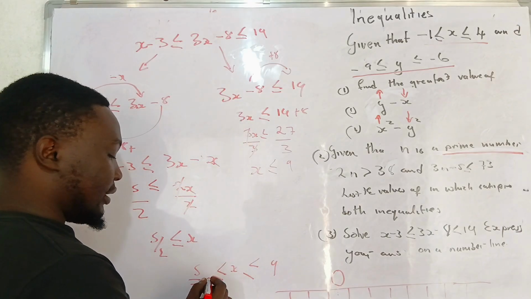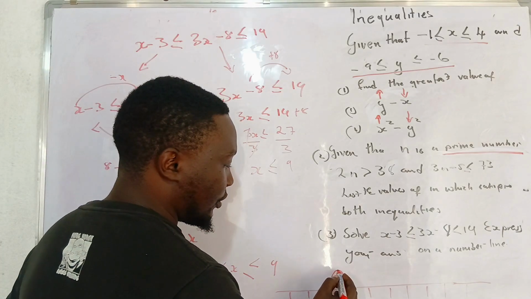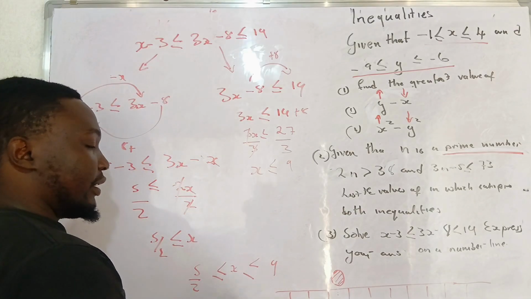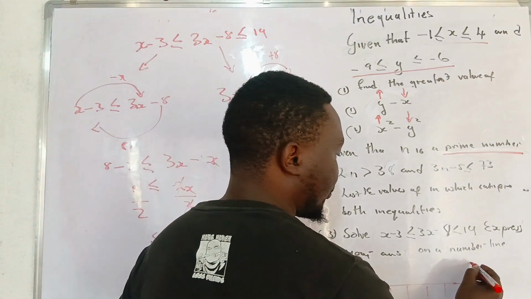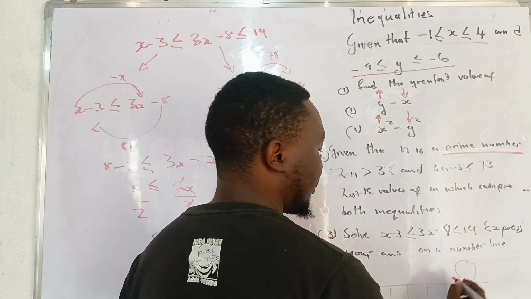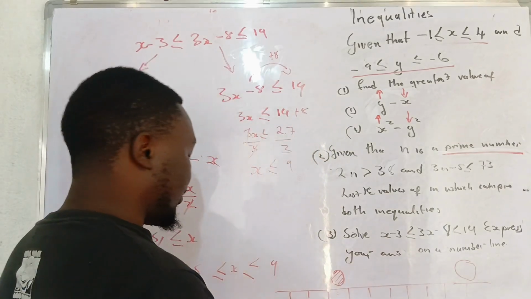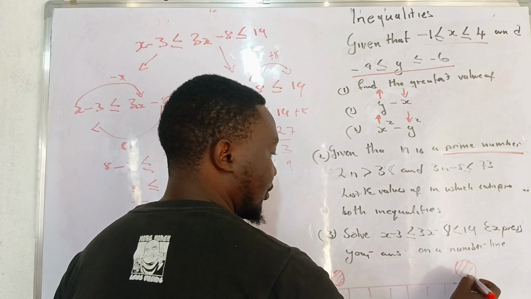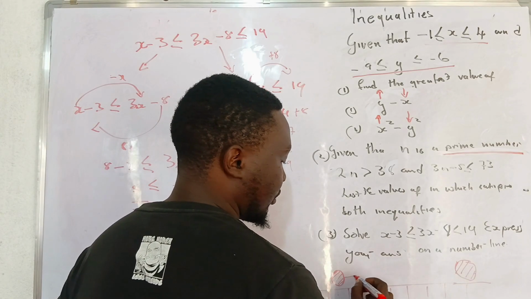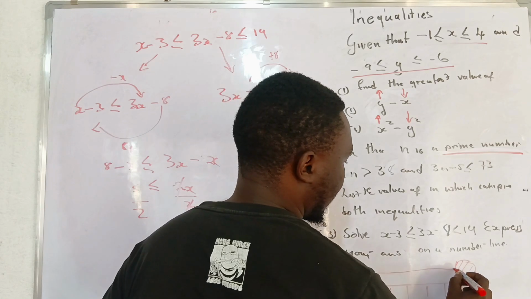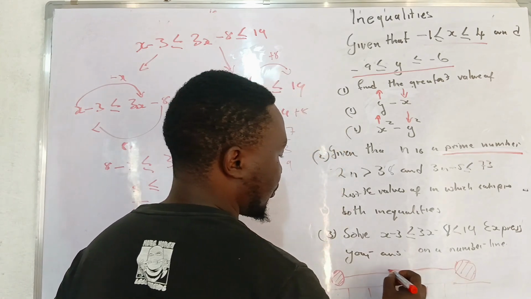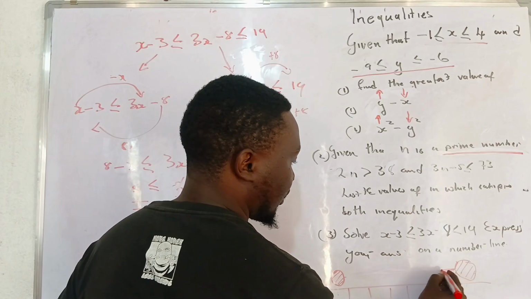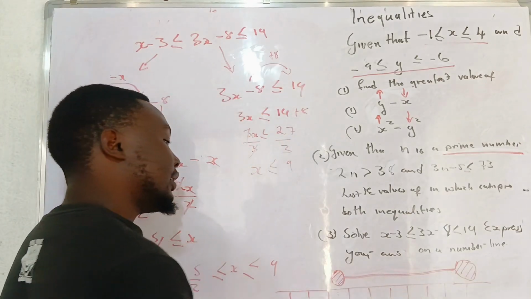Since it's less than or equal to, we are going to shade this circle. Then we have another circle at 9. Put your circle here at 9. Since it's less than or equal to, you shade your circle. Then join your circles with a line. That's a single straight line.